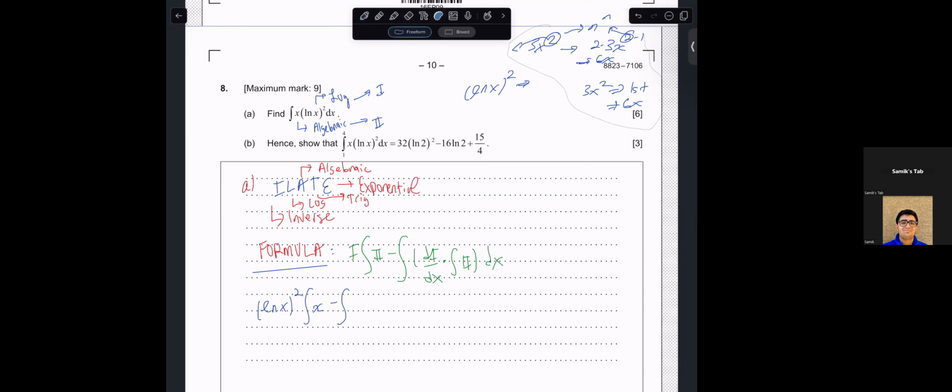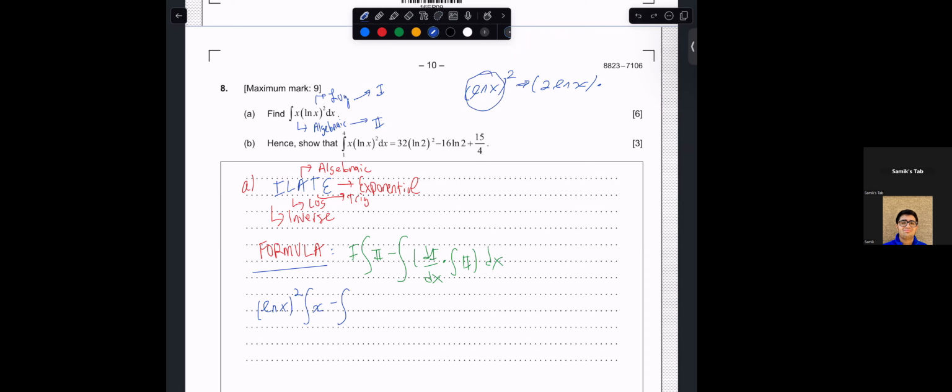Essentially we're doing the same thing here, but now in chain rule we have to do an extra step, which I'll explain. We have 2 ln x, because 2 minus 1 is 1, so no need to write the exponent. 2 ln x, and now this is where chain rule comes in.